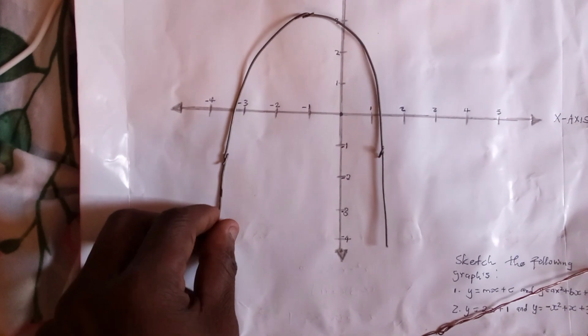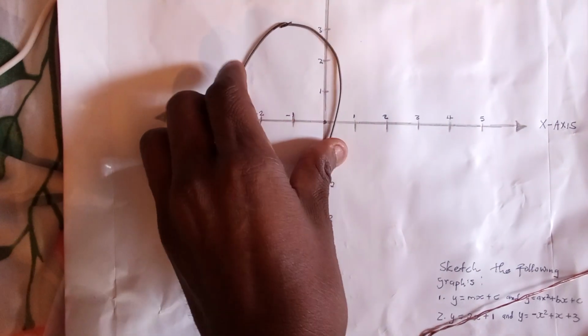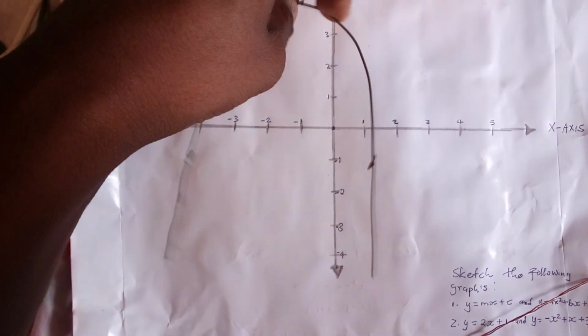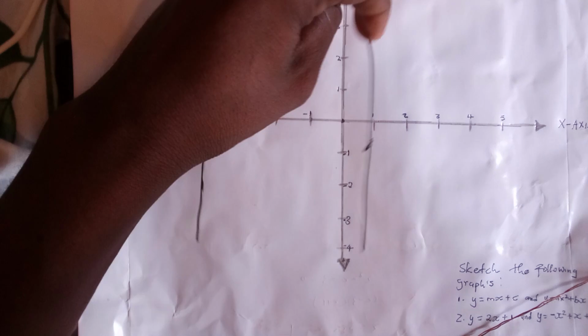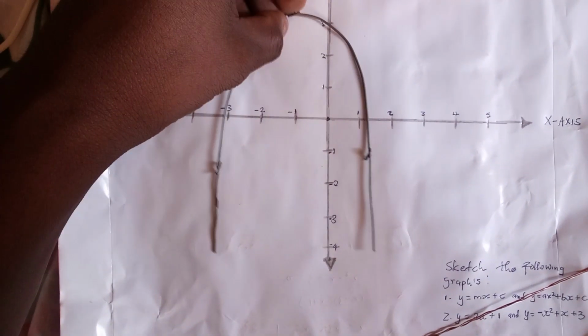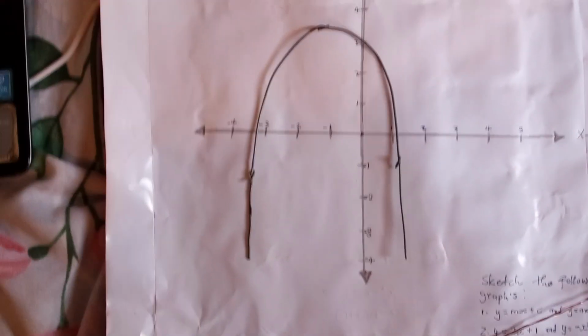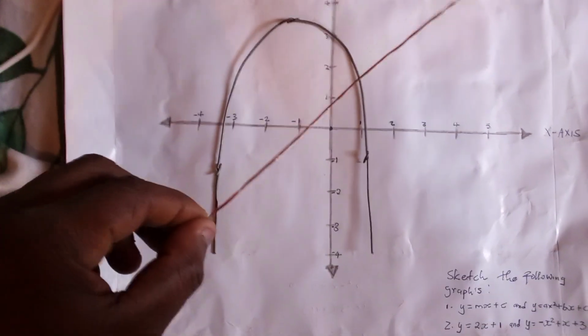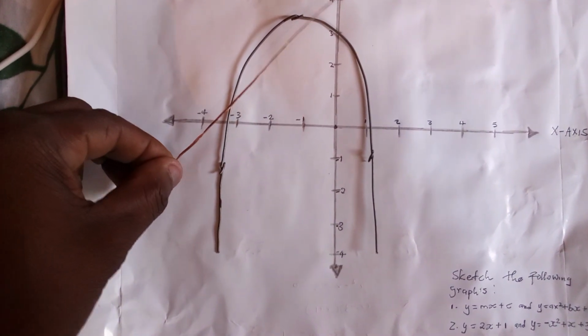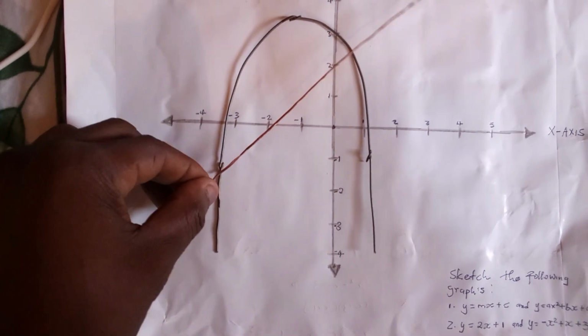It's going to look like this. The wires are easy to use because you can easily bend them according to how you have to graph. Then this other one is going to be like this.